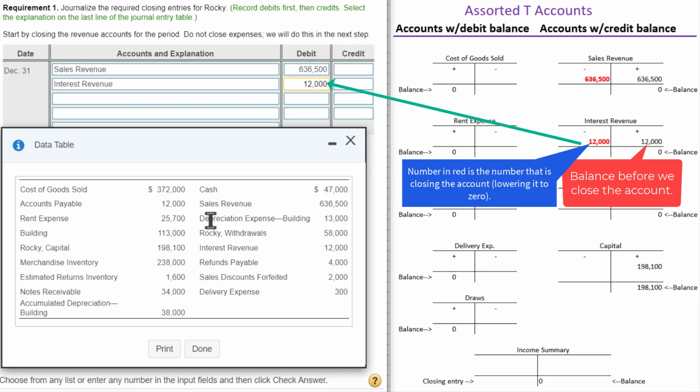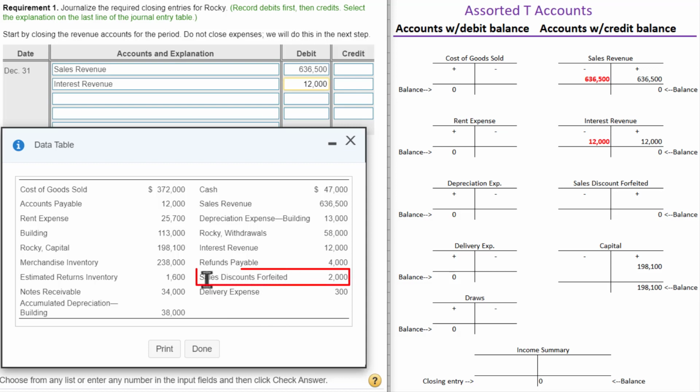And let's see if we have any other revenues. Do you see any other revenues? Now, here's a revenue that a lot of students are going to forget is a revenue. Sales discounts forfeited. So remember, forfeited means given up. So we could have called this account sales discounts given up by our customers. So this is a revenue account.